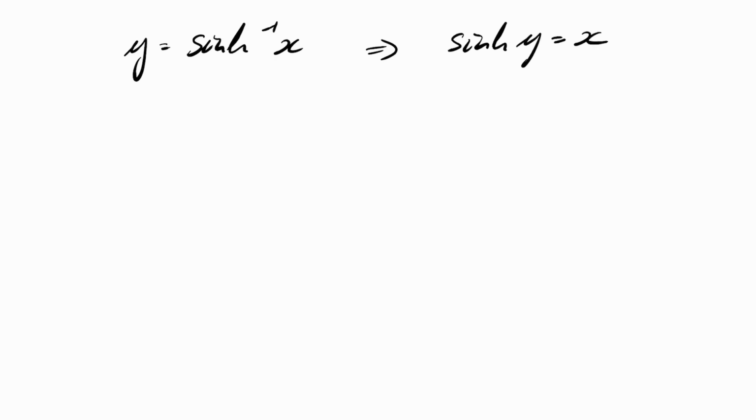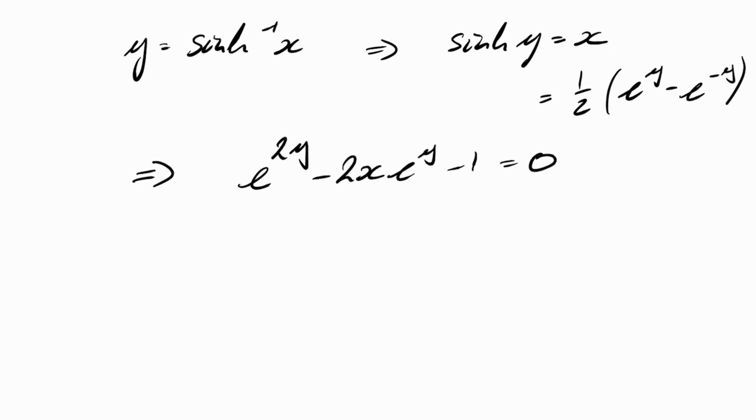Let's have a quick go at one. If y is the inverse sinh of x, then sinh y is equal to x. And from the definition, this is just a half e to the y minus e to the minus y. If I multiply through by e to the y, this implies, and in fact we can see this is just a quadratic in e to the y.